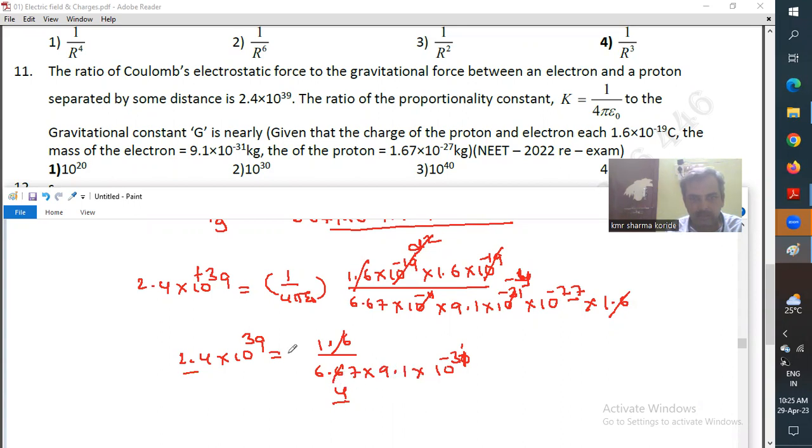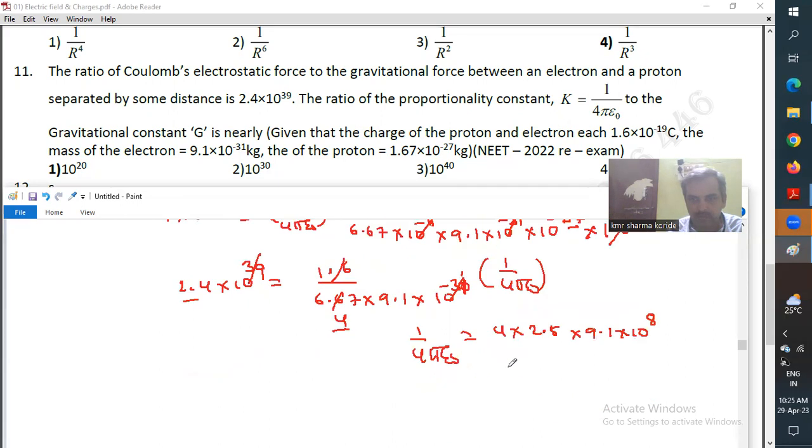Then next this is going to be 39 minus 31, 8. So therefore, 1 by 4 pi epsilon naught is equal to 4 multiplied with 2.4. This is not exactly 4, close to 4. 4 into 2.4, if you take 2.5, it will be 10. This will be 9.1 with 10 to the power of 8.